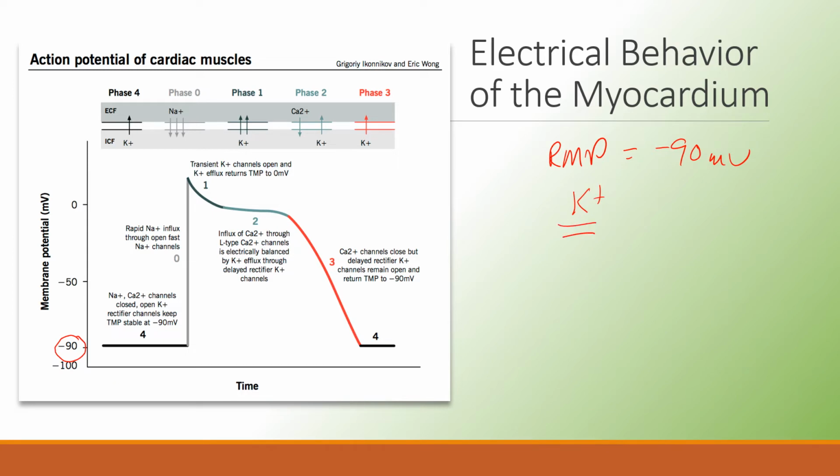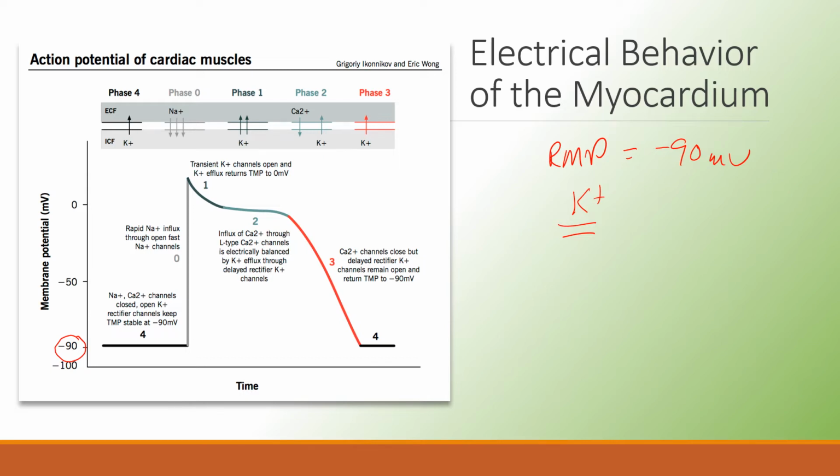There's very, very little sodium permeability here. If there were more sodium permeability, remember, we would reach a steady state between their two equilibrium potentials. Sodium's equilibrium potential would be something like plus 60 millivolts as it tries to get inside the cell. So they would come to some sort of steady state between them, and in a neuron that came out to be about negative 70 because potassium was more permeable than sodium, so it was closer to its equilibrium potential.